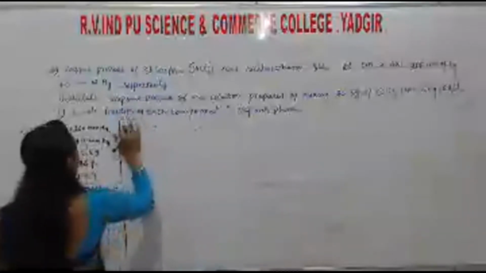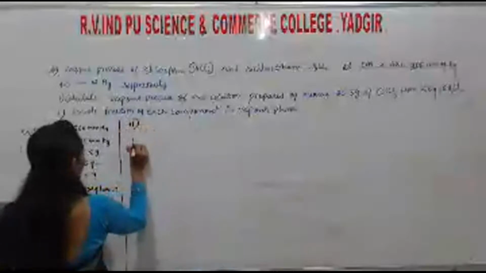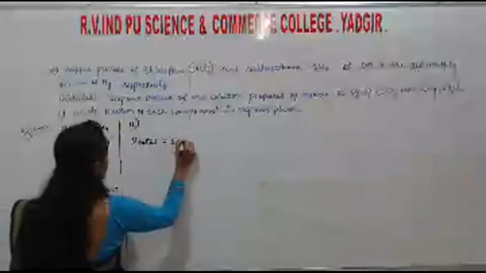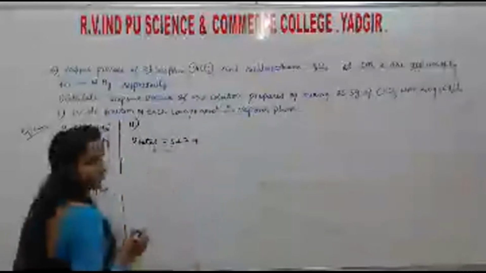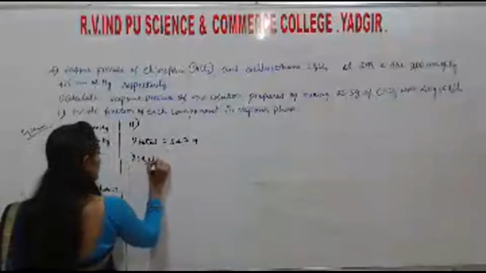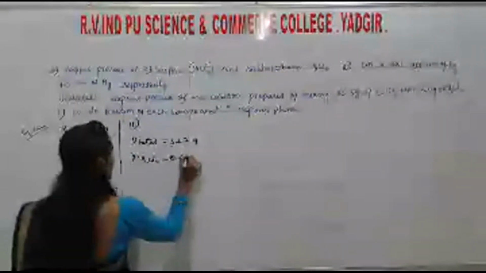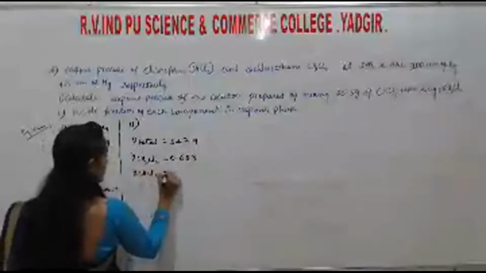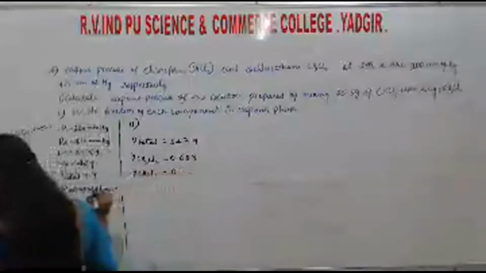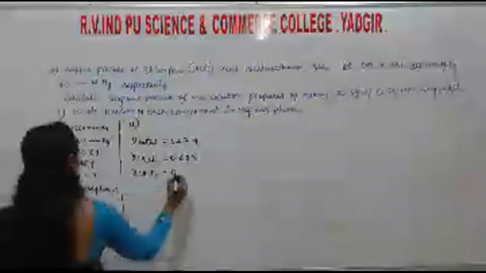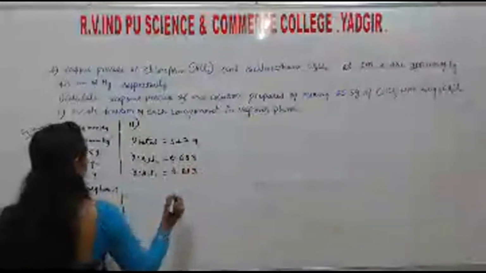For the second option, to solve it, the given values are P total, that is 347.9. Next, X of CH2Cl2 is 0.688, and X of CHCl3 is 0.312.